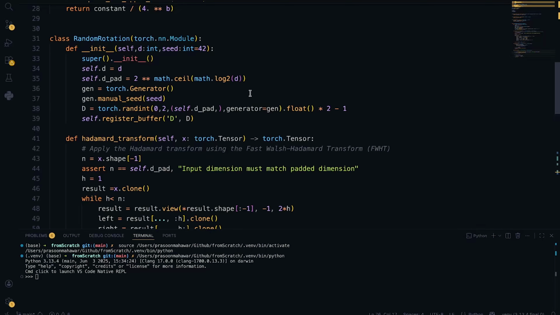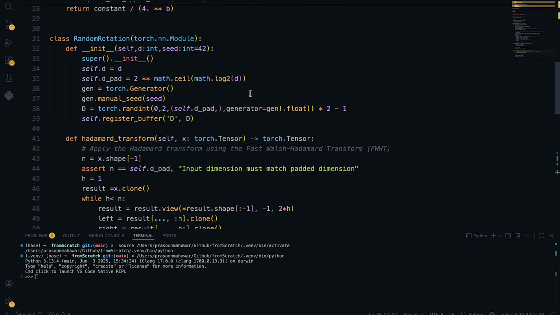For d equals 4096, like a typical LLM hidden dimension, that's 64 million parameters just for rotation. That is way too expensive. So the structured rotation, that is R equals D cross H, where H is the Hadamard transform and D is a random plus-minus diagonal, achieves the same theoretical guarantees in order of d log d time.